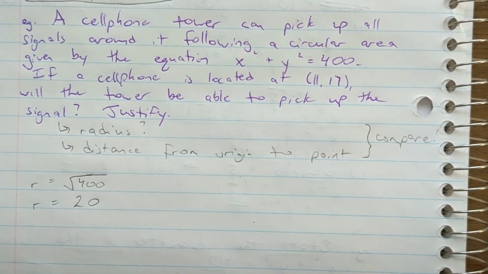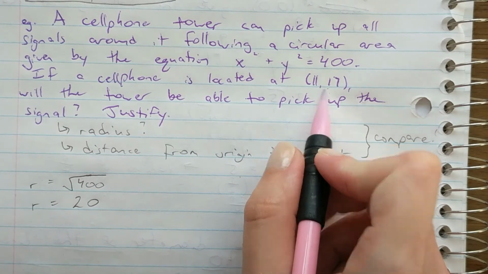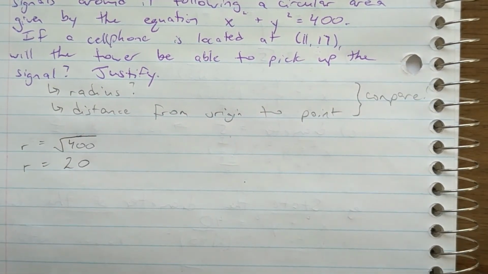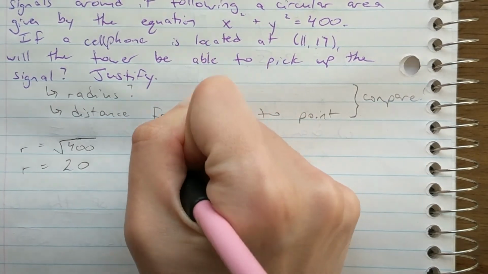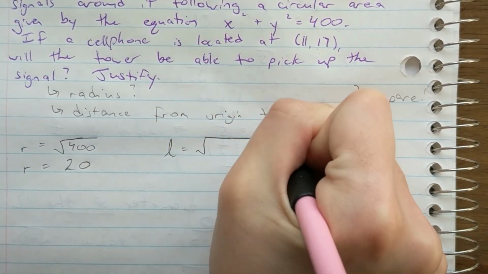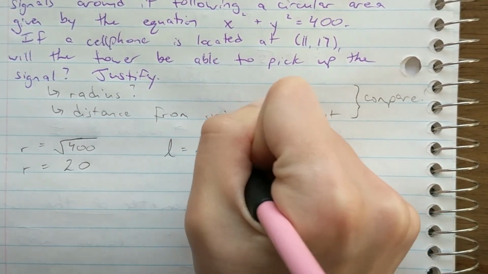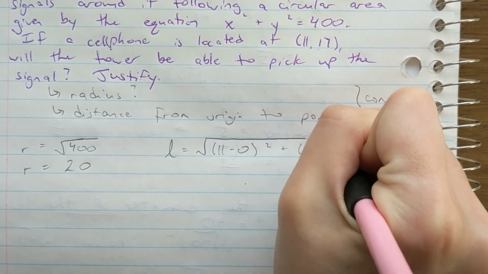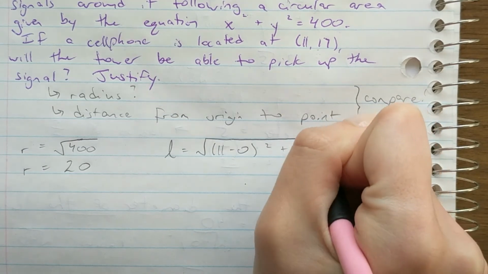Now we need to find the distance from our point 11, 17 to the origin. In order to do this, we are going to use our length formula. We're going to do 11 minus 0 squared plus 17 minus 0 squared.